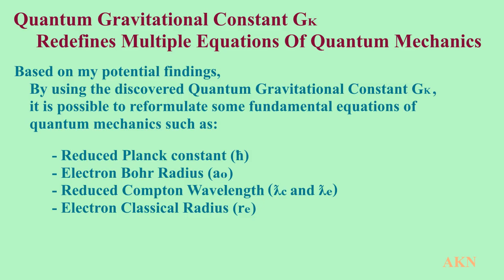Based on my potential findings, it turns out that by using the discovered quantum gravitational constant GK, it becomes possible to reformulate some fundamental equations of quantum mechanics, such as the reduced Planck constant, the electron Bohr radius, the reduced Compton wavelength, and the electron classical radius.